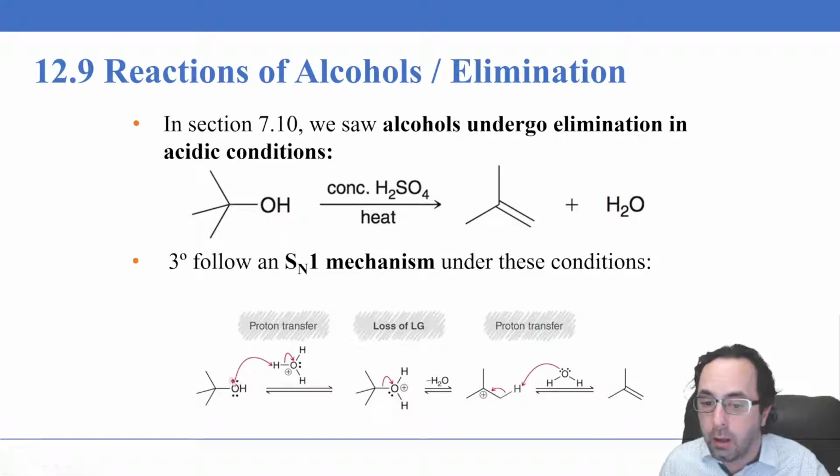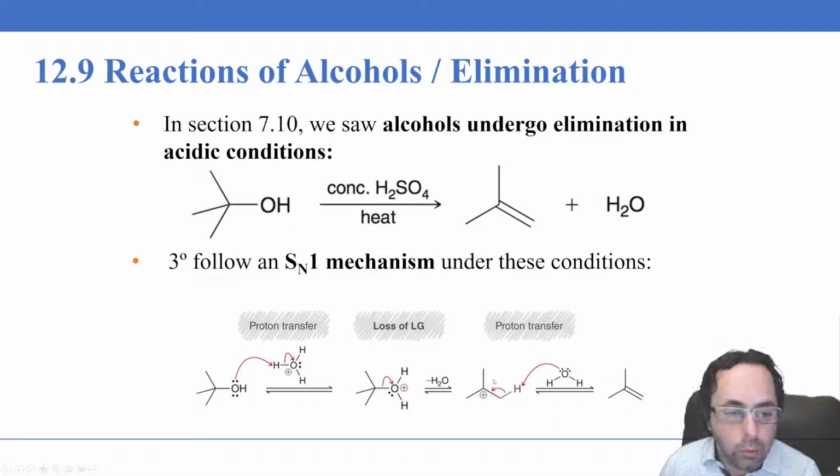We start by protonating the alcohol to make it a good leaving group, and then at that point, it leaves as water, and we have a carbocation, and then we can have a proton transfer, which will ultimately lead us to the alkene. Old reaction, same one from chapter 7. So like I said, in this chapter, we're seeing a lot of old reactions too, along with our new ones.